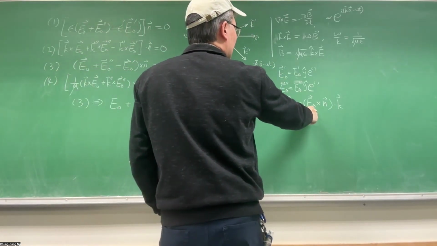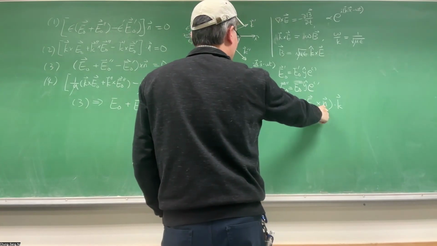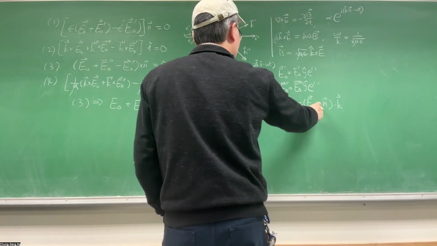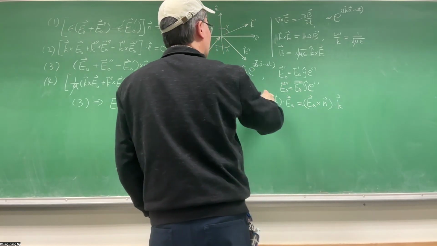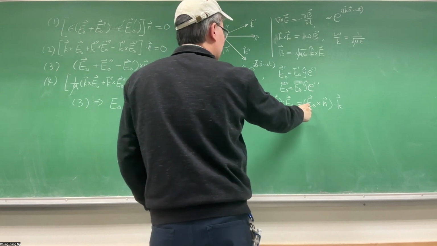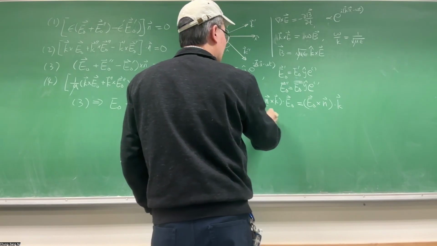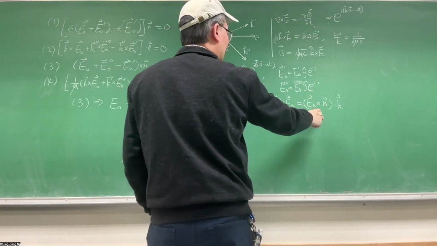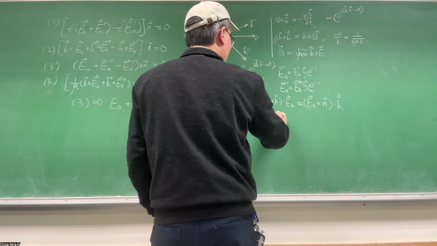And this n is only in the y direction. This is in the z direction. So that would give you x. Maybe this one is easier. So this one will give you E0 in the y direction, so you get E0 y cross z is x, dot into k.